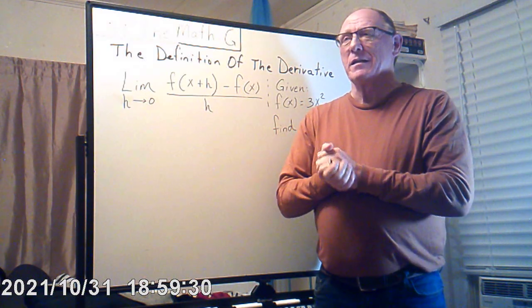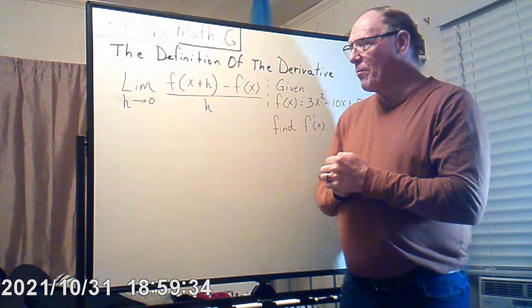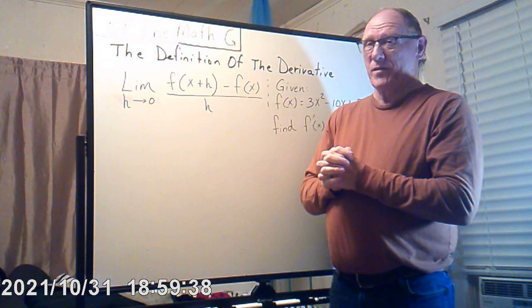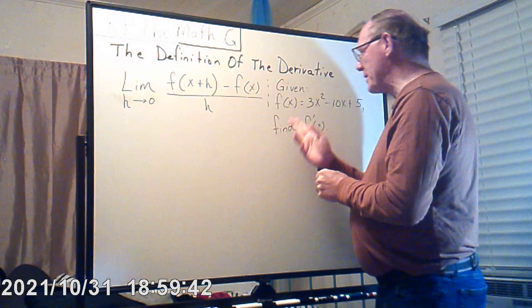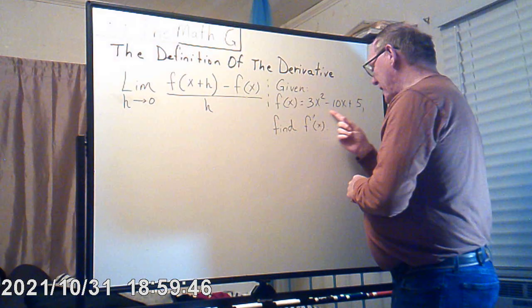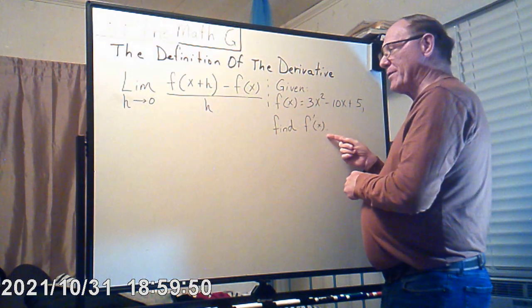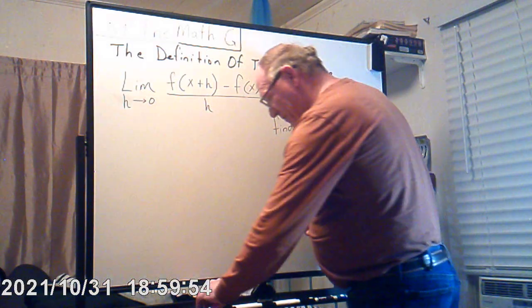That would be acceleration. We're going to get into those later on, but for right now, we want to use this definition here to see what the derivative of this is. Okay, so let's get busy here.